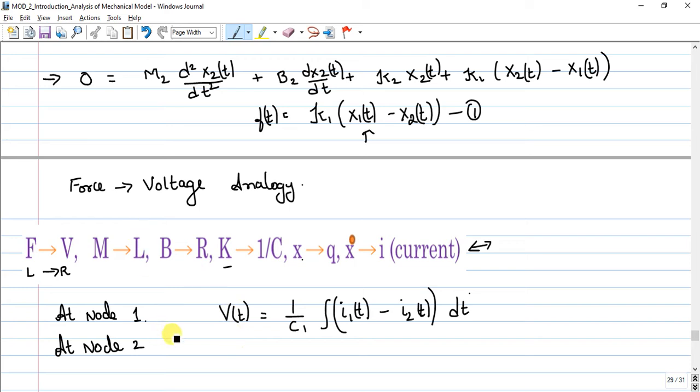At node 2 at LHS it is 0, we shall represent the same 0, that is equal to, and as you know, mass will be replaced by L. So m2 I will replace by L2.